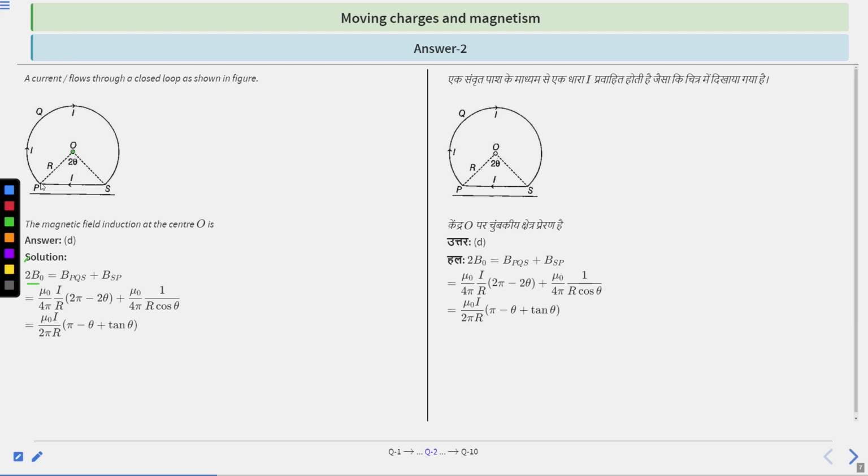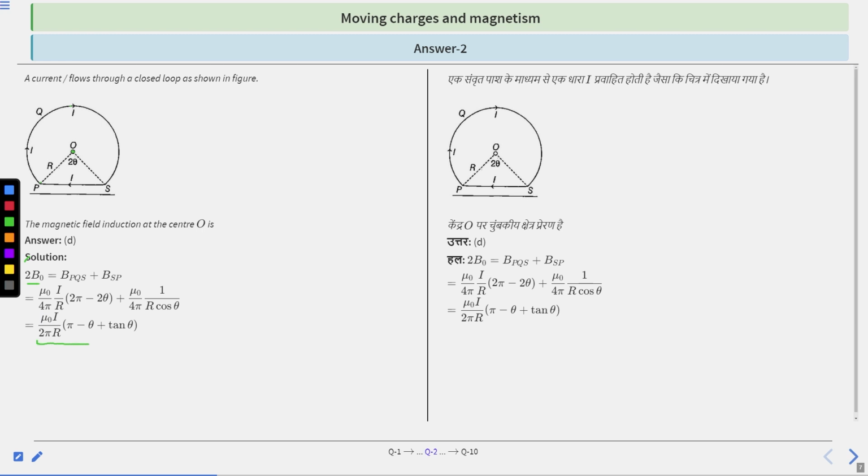Let there be three points: this point P, this point Q, and this point S. Calculating this, you will get mu naught divided by 4 pi multiplied by I divided by r, times 2 pi minus 2 theta, plus mu naught divided by 4 pi, 1 upon r cos theta. Clear? So calculating this term, you will get mu naught I divided by 2 pi r, pi minus theta plus tan theta.